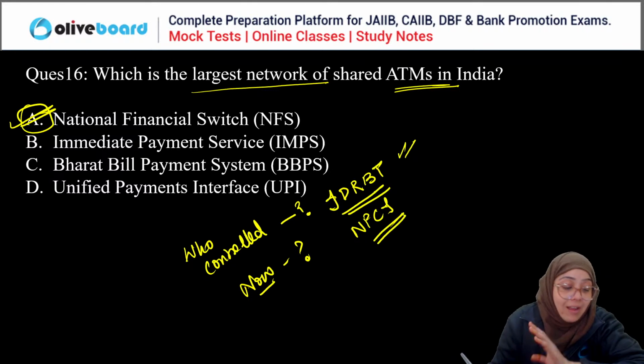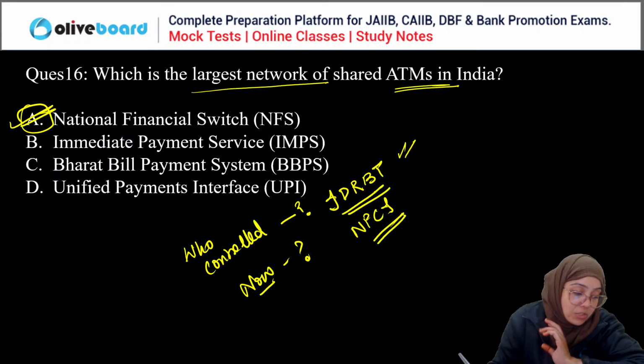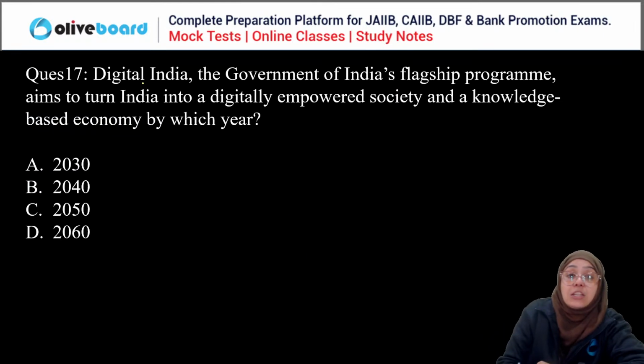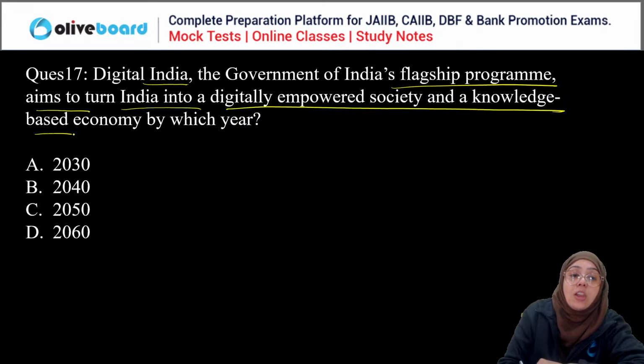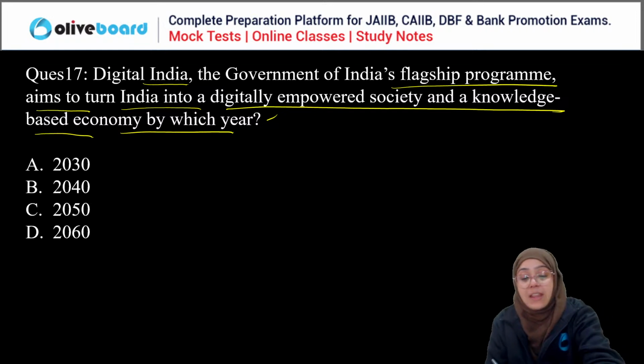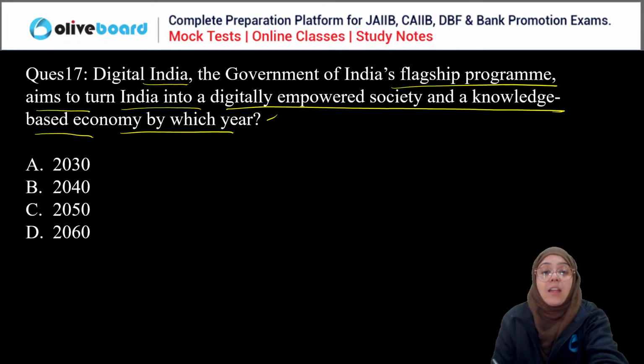Everything is important. The extra information is important, right? Everyone, next question. Digital India, the Government of India's flagship program, aims to turn India into a digitally empowered society and a knowledge-based economy by which year? In the concept of Digital India, by which year do we have to achieve this target?